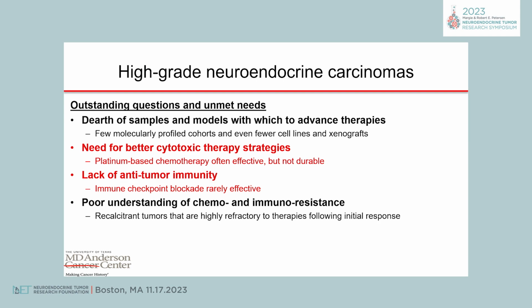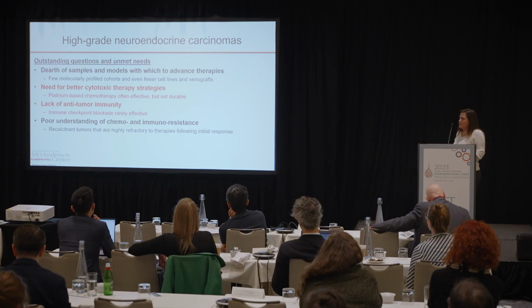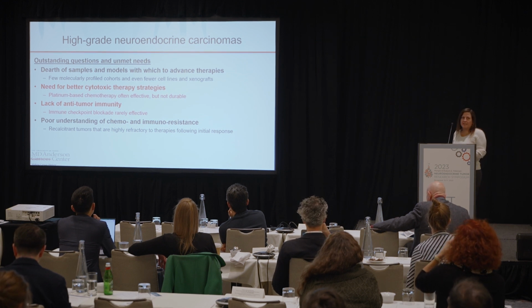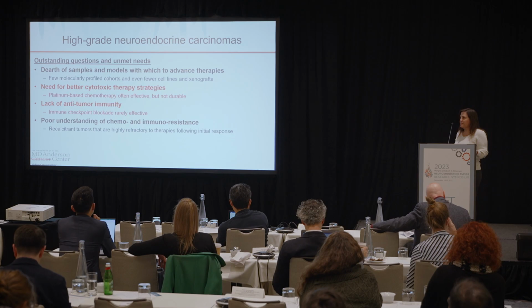Another question that we've really focused on is that there is a great need for increased cytotoxic therapy strategies. These high-grade NET patients typically respond very well to platinum-based chemotherapy, and then they relapse. And at relapse, they don't respond to anything. Additionally, immune checkpoint blockade is rarely effective in these patients.